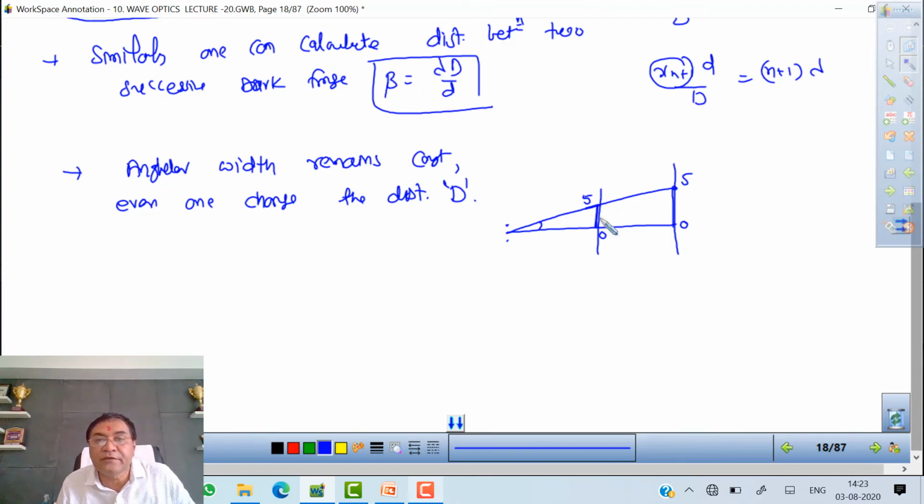Beta will increase. તો at a given position પહોળા થશે એટલે એંગલ વધશે. સેમ પોઝિશને it means angle will increase. But if you change the capital D, there is no change in the angular position. Okay, it is very important. If you change the lambda, then also angular position will change, angular width will change. So by changing small d also angular width will change, but by changing the capital D, there won't be any change in the angular width. Remember. Okay.